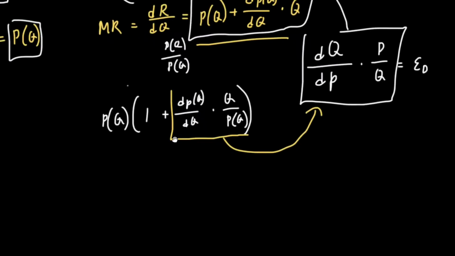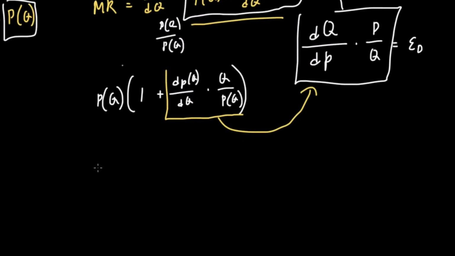And so we can say that marginal revenue is equal to P of Q multiplied by 1 plus 1 over E_P, or epsilon P, which represents the price elasticity of demand.